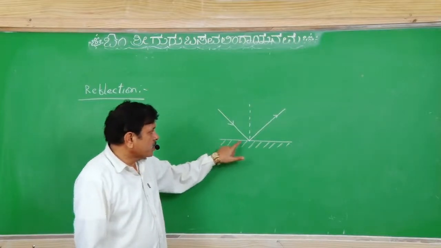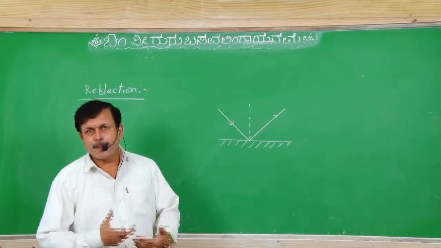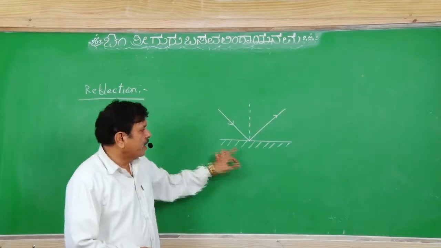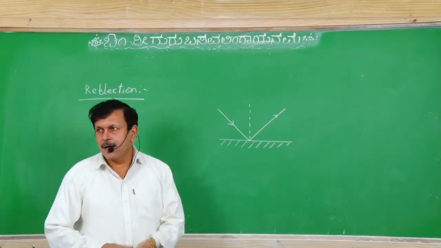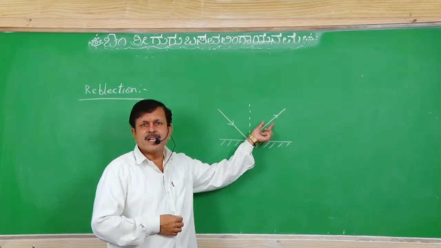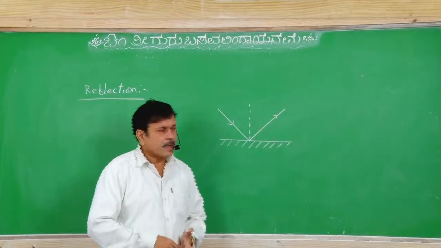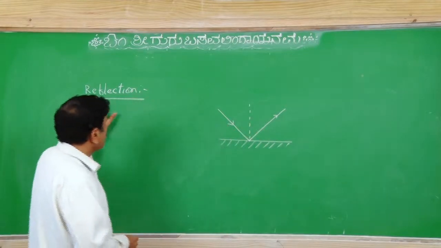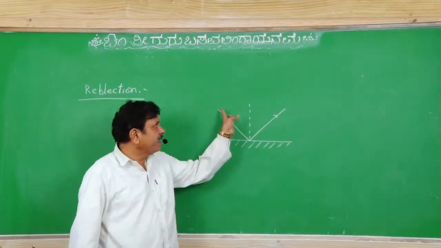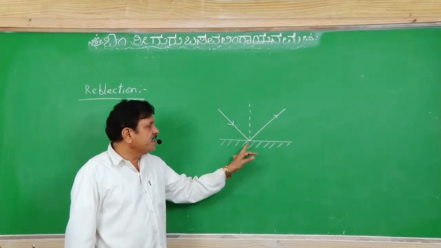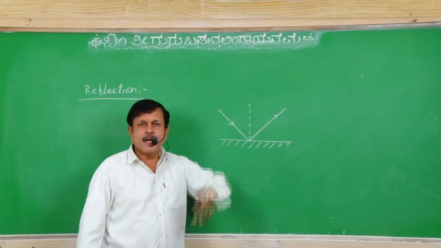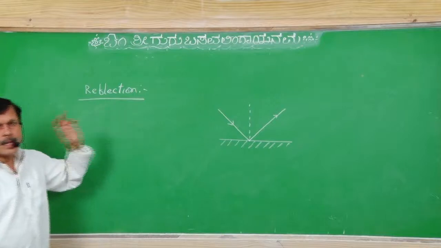If this surface is a good reflector like a plane mirror, then most of the light will be reflected or sent back. If it is a surface like a wall, then a very small intensity of light will be sent back into the medium. This phenomenon is called reflection. That is, when a ray of light traveling through a medium is incident on the surface of another medium, a part of the light is sent back into the same medium. This phenomenon is called reflection.